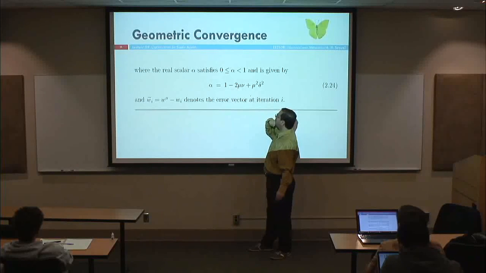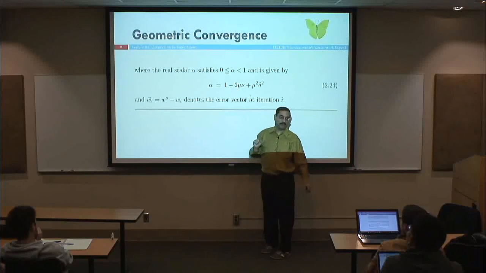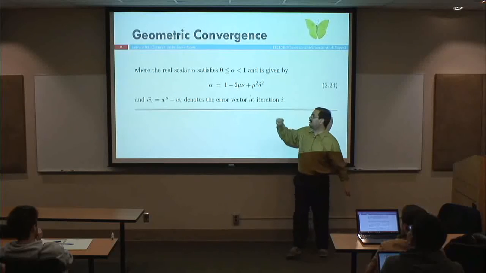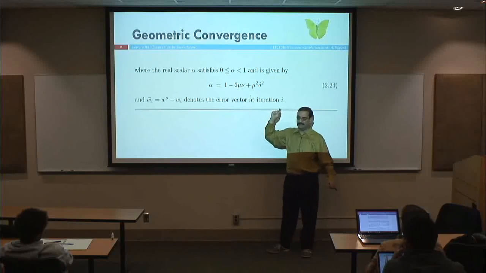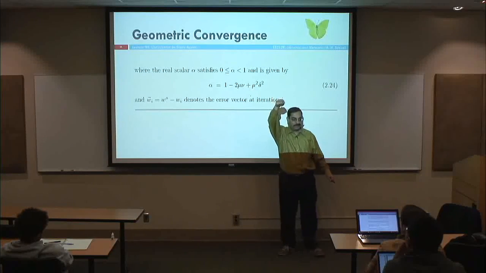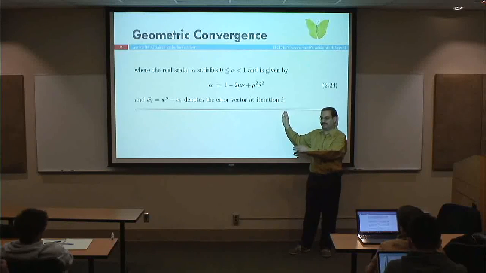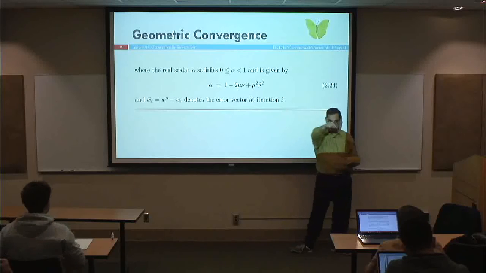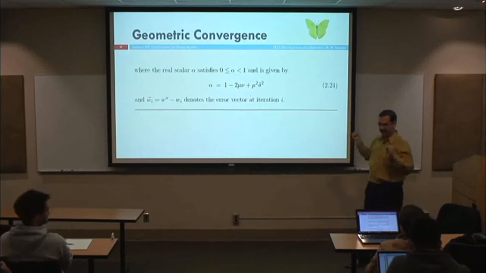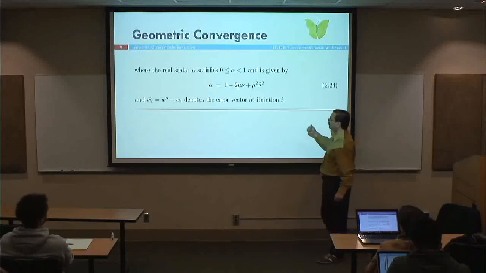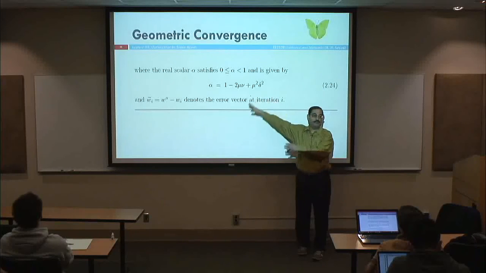So how do I ensure that this is always less than 1? Because this is minus here and this is plus. That bound I gave you on mu ensures that this will always be less than 1. I'm going to show you that. And then coming back to your question, I'll show you a plot and you'll see the answer to your question.